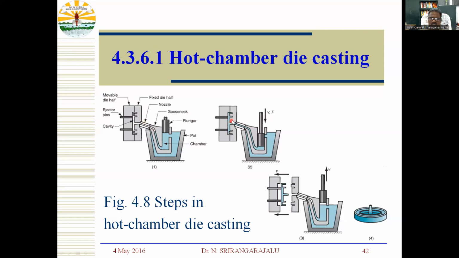After the solidification, the movable die half is moved and the component is ejected. Ejector pins push out the component and finally we get this type of casting. These are the steps in hot chamber die casting.